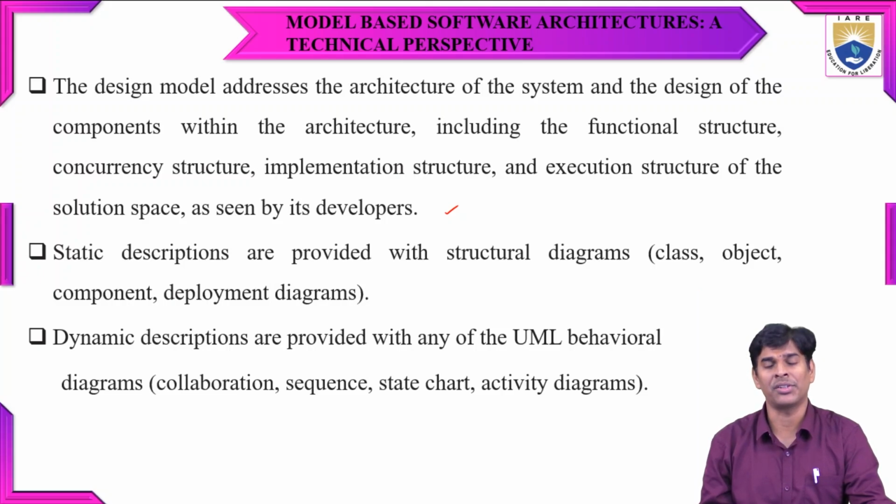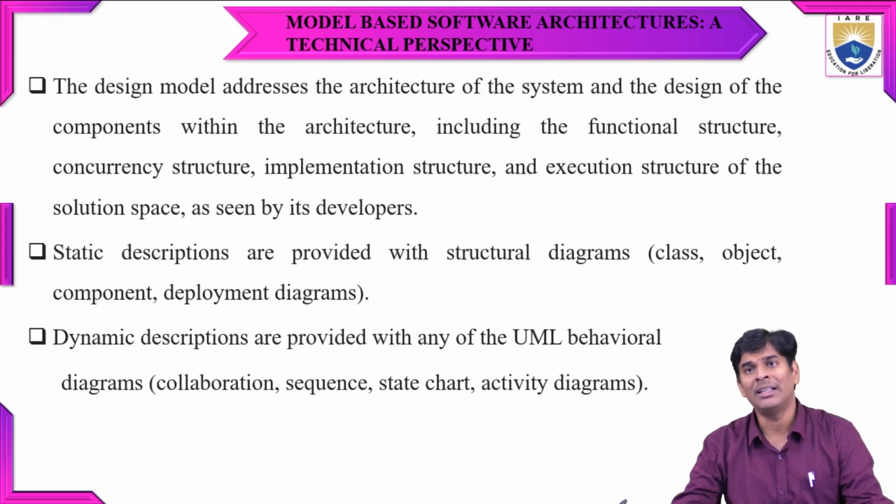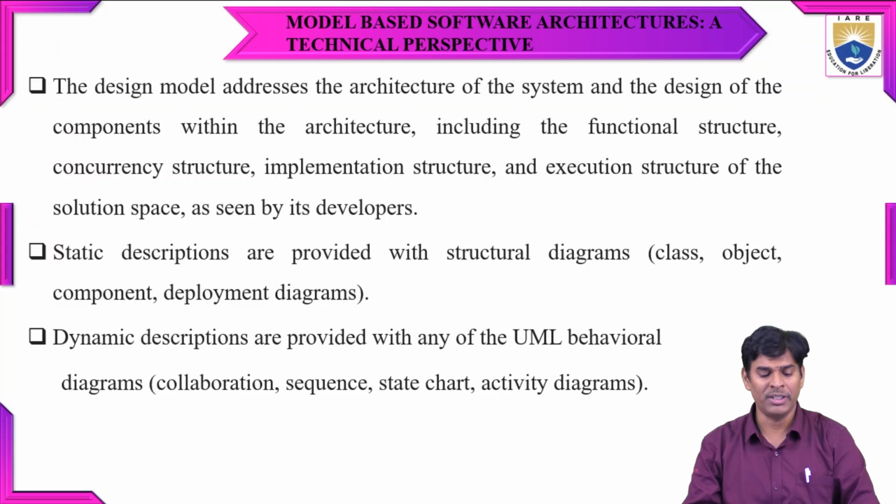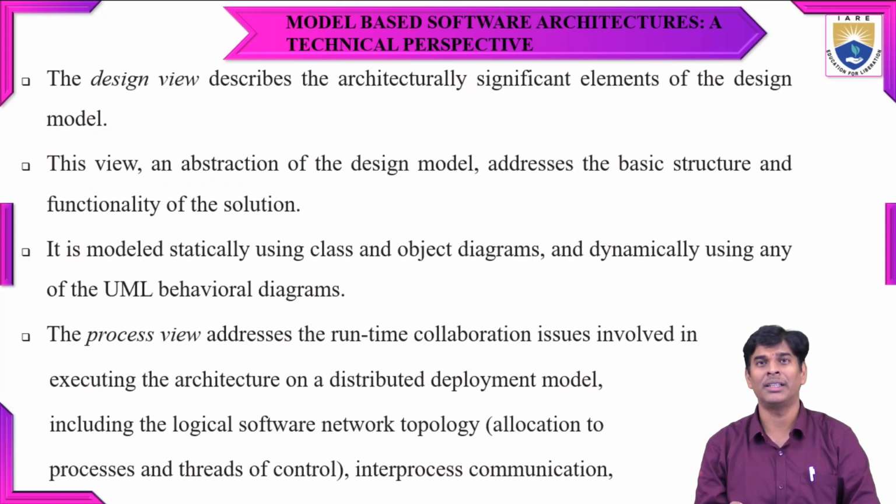We know that the structural or static diagrams are class, object, component, and deployment diagrams. Whereas dynamic descriptions, meaning UML behavior dynamically, we can call collaboration, sequence, state charts, and activity diagrams. So these are the two different types of descriptions, static as well as dynamic.